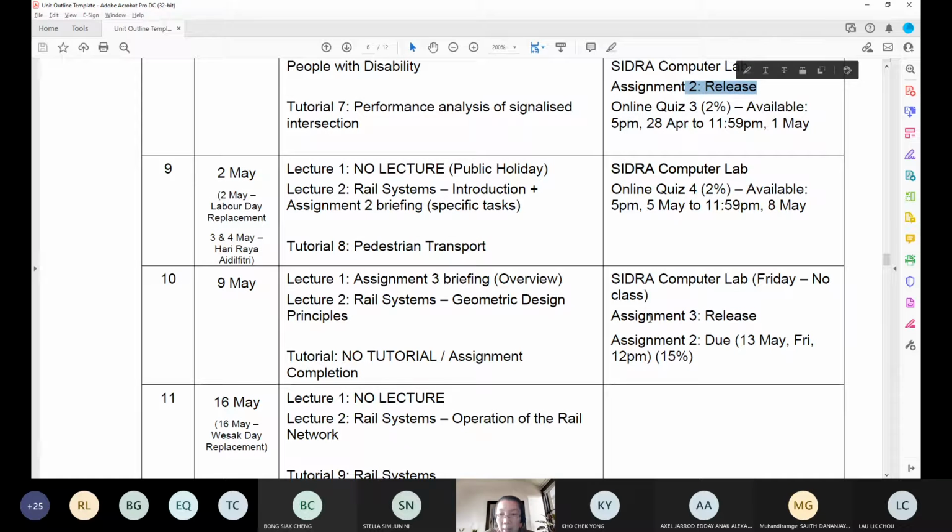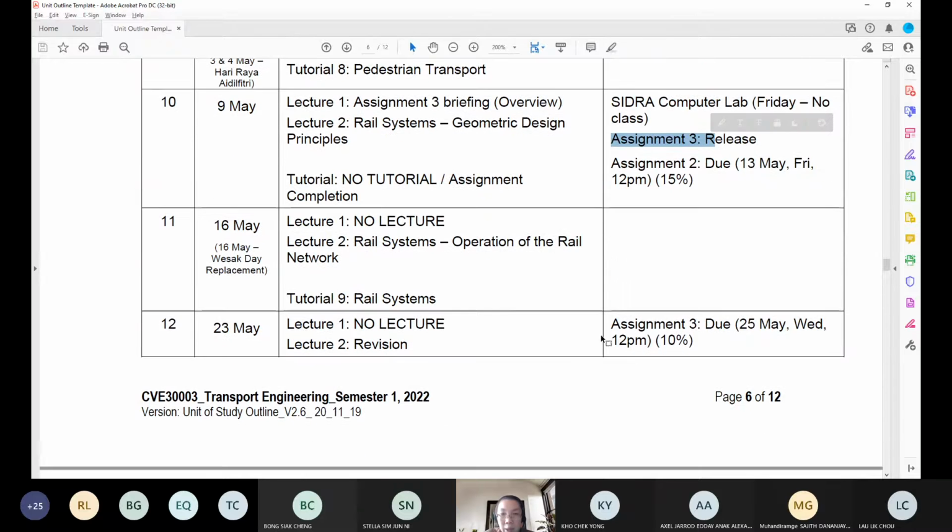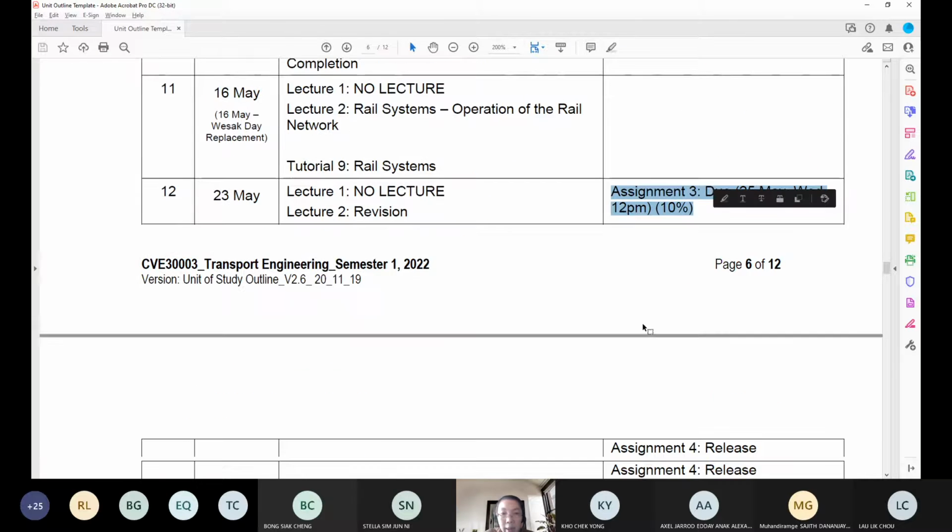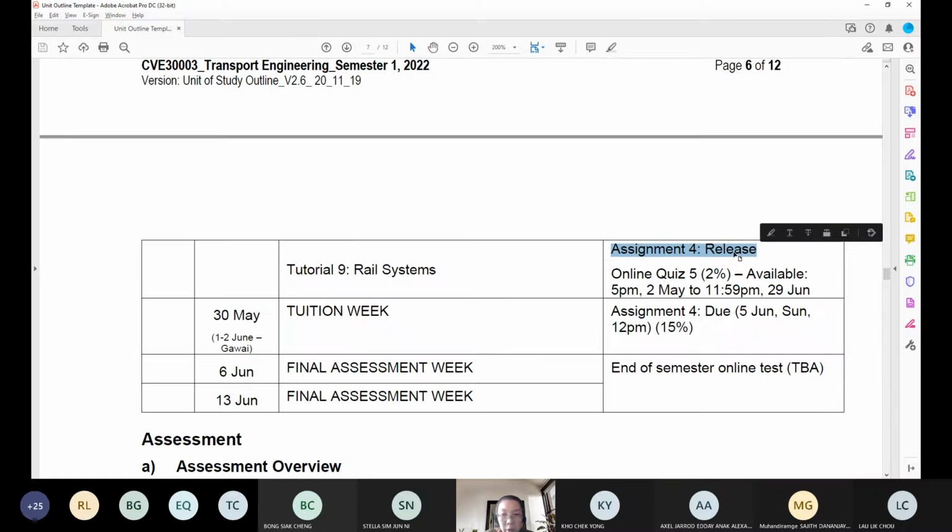Then week 10, assignment 2 due, assignment 3 released. Then week 12, assignment 3 due, and assignment 4 is released with 1 week plus about 10 days for you to complete and submit during tuition week. Then you have the 5th quiz, the last one, on rail systems.